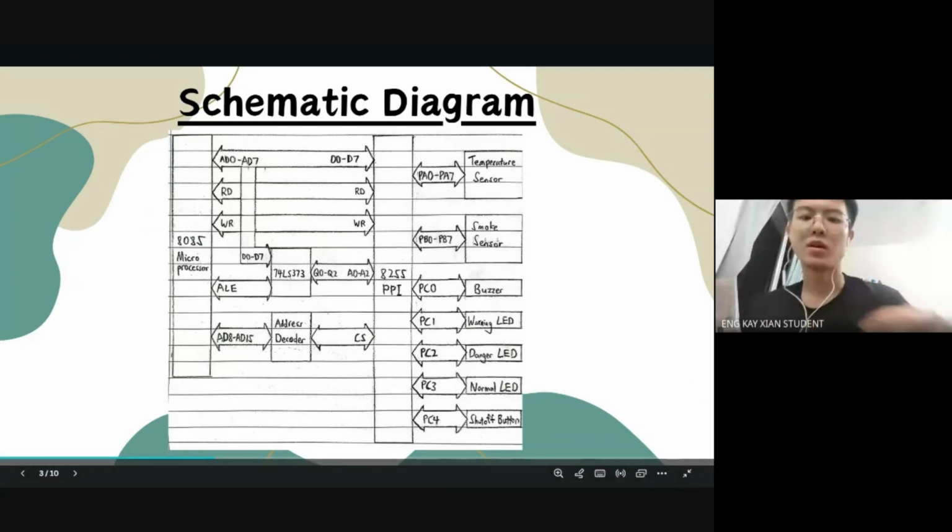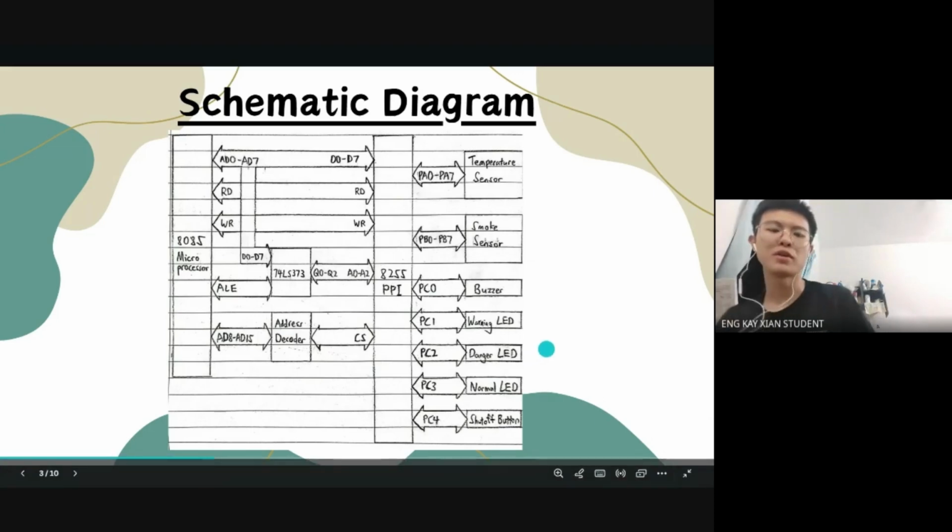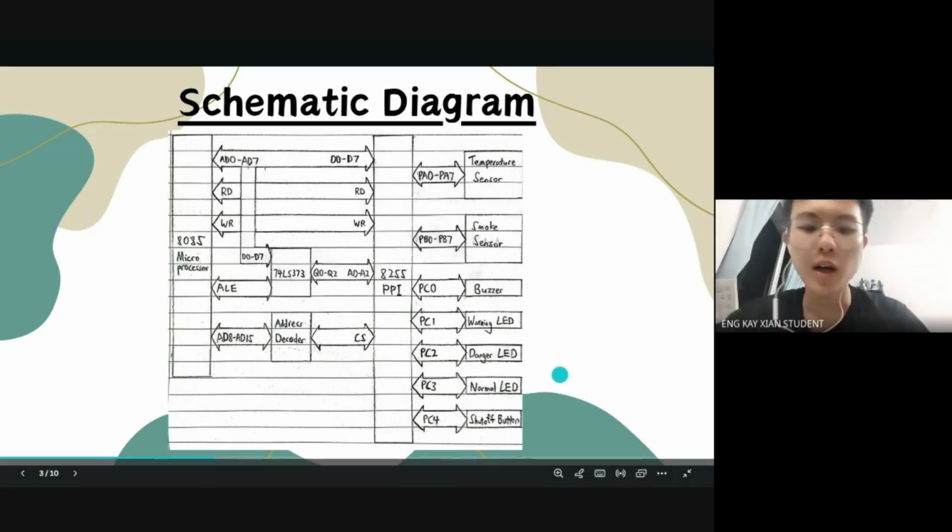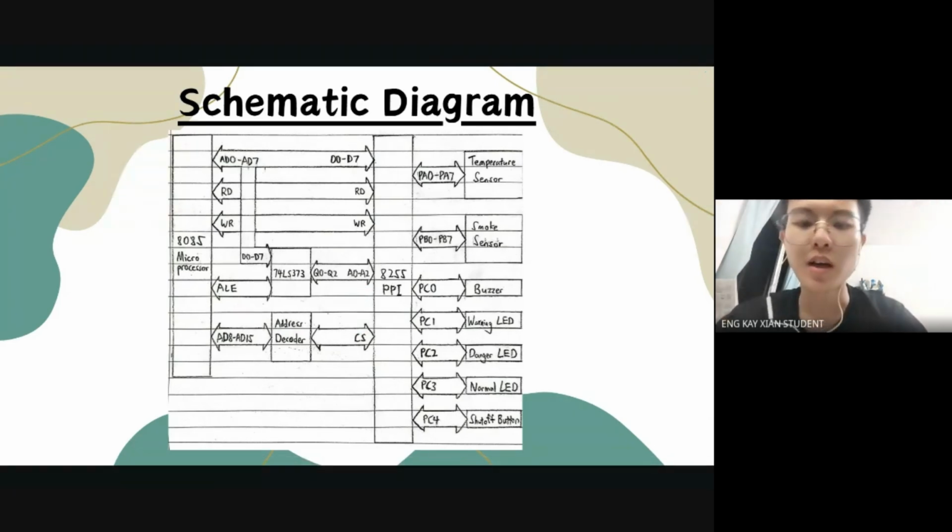Hello, everyone. I'm now going to present the schematic diagram. As you can see, this is our schematic diagram. You can take a look.